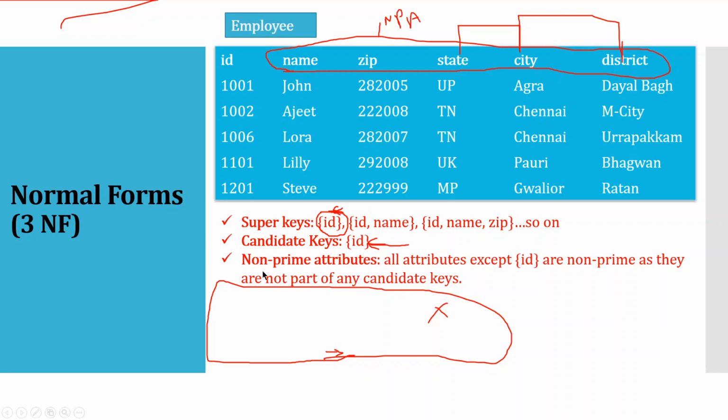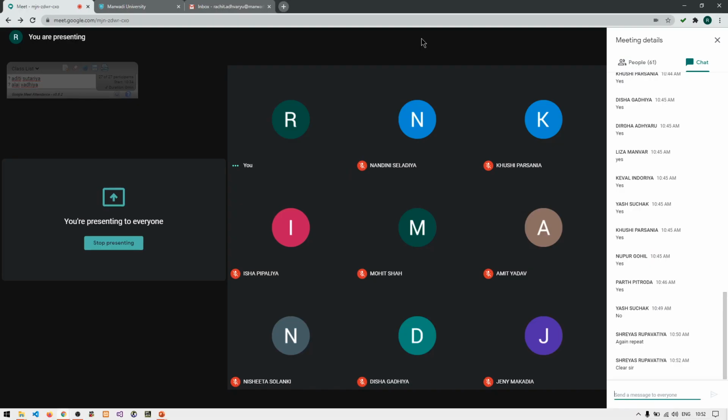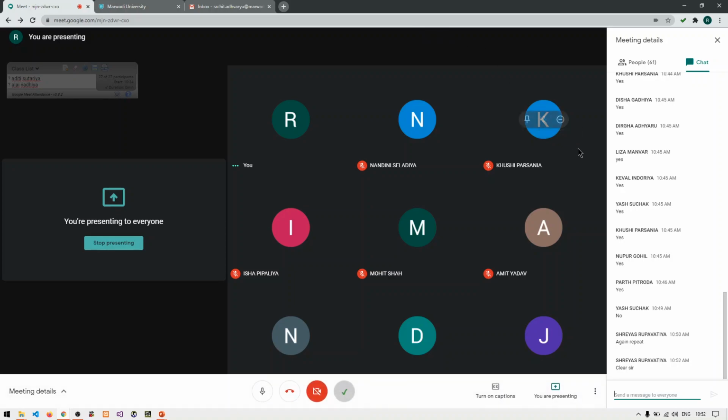All attributes except ID are non-prime attributes, that is, they are not part of any candidate key. So name, zip, state, city and district are non-prime attributes, that is NPA. Till here is it clear, Shreyas and others?